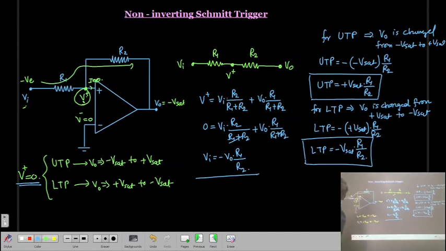So here, I will write the formula. UTP we have obtained as plus V saturation into R1 divided by R2, and the LTP we have obtained as minus V saturation into R1 by R2.